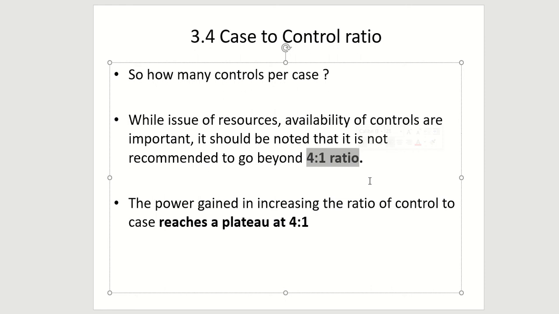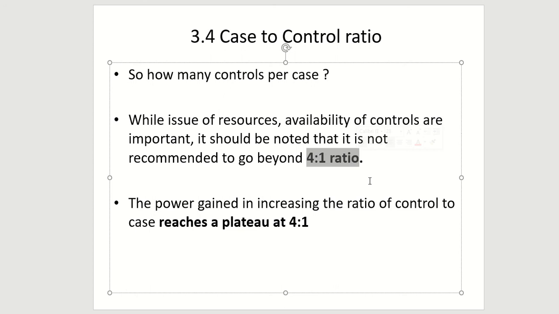Therefore, if you are limited by your number of cases, say the total number of cases you can get for a certain side effect, for example those who pass out, the number is small. You're not able to get more than 22. If you get 22 controls, your sample size is 44, and that limits your power. If you want to increase your power, you want to increase your sample size.